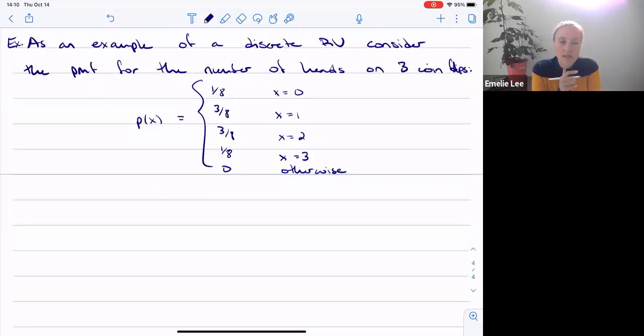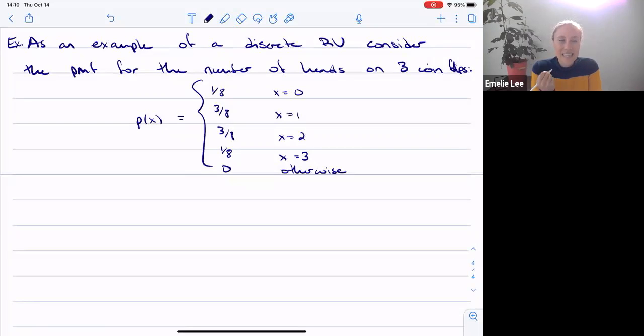So we've got this piecewise defined function, and that's always going to be the case for a discrete random variable. If we have to find the moment generating function, what do we have to do?